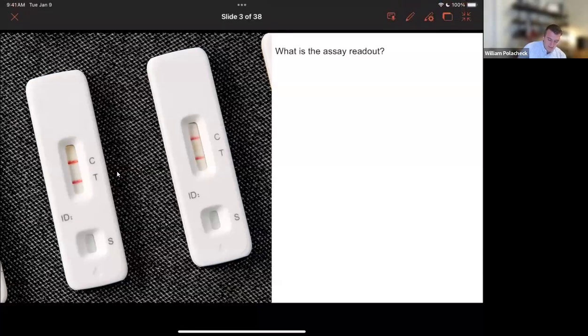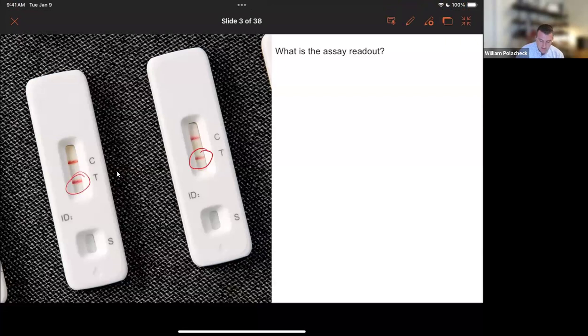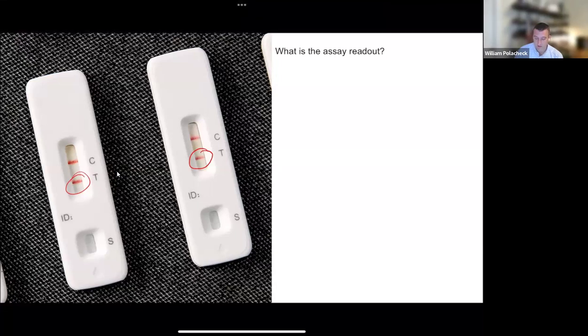So the endpoint, especially this line here, the test line, right? The endpoint of this assay is a specific chemical reaction that occurs with high spatiotemporal resolution, right?